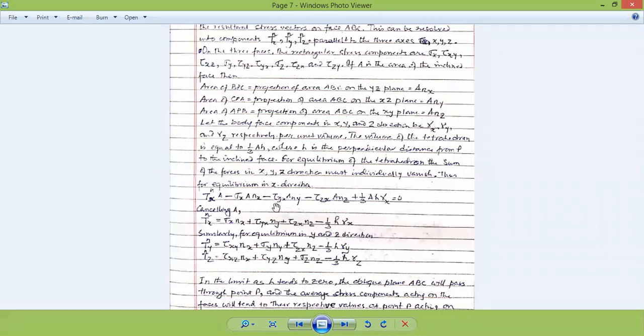It is the shear force along y direction on x plane multiplied by A ny, the component of the area of the triangle, which is A multiplied by the direction cosine along y direction, minus tau zx.